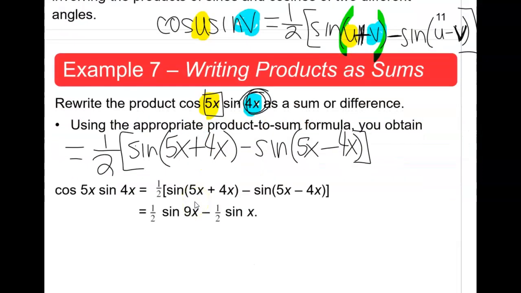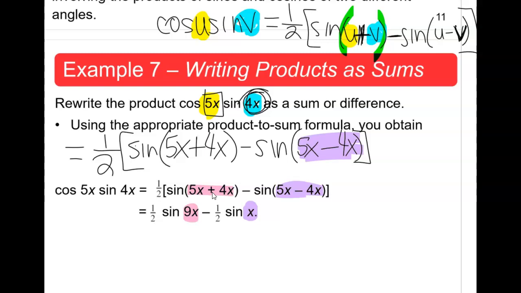So now we simplify. The substitution was already here. From 5x plus 4x, that is how we get 9x, the 9x that you see here. And similarly with the 5x minus 4x that we wrote down here, that is how we get just 1x.